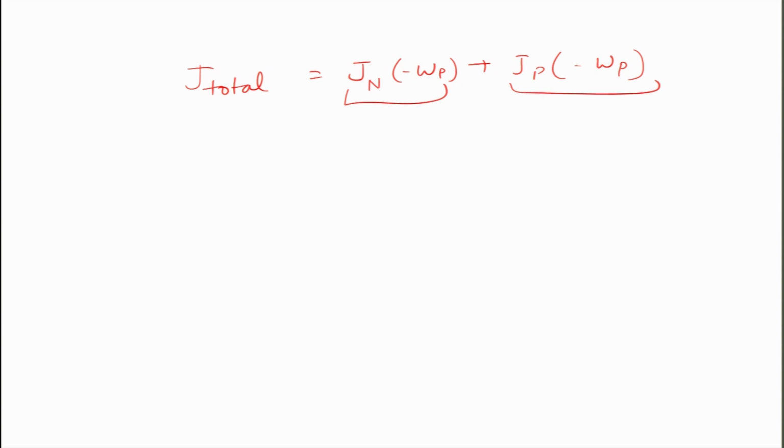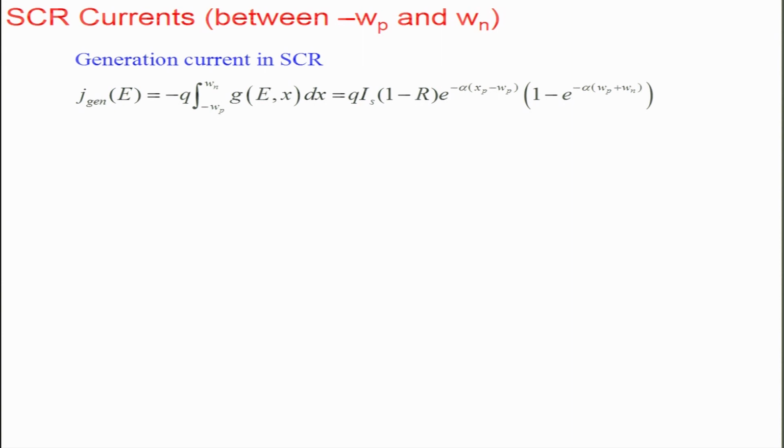So instead of doing this, you do Jn at minus Wp, which can be calculated easily using the diffusion solutions, and Jp at Wn, which is also calculable, and then whatever is generated from the SCR region. That is what we are going to look at now. So let us look at the space charge region current between minus Wp and plus Wn.